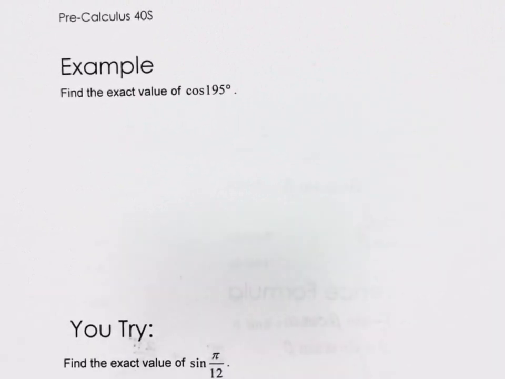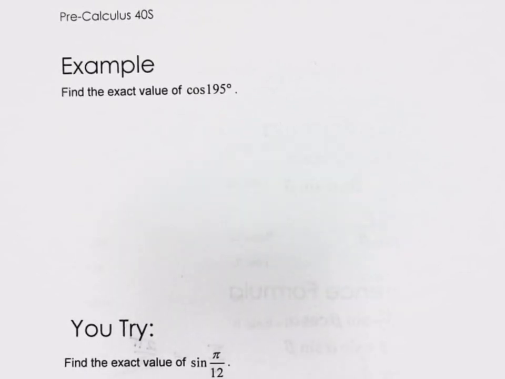Degrees. I much prefer to live in radians. 195. Add or subtract to 195. 195 is not an exact value on the unit circle. It is in quadrant 3, but that's not super helpful at this point.